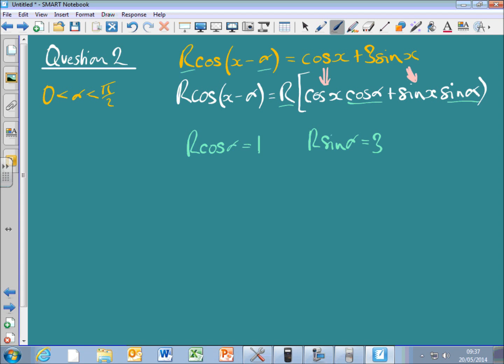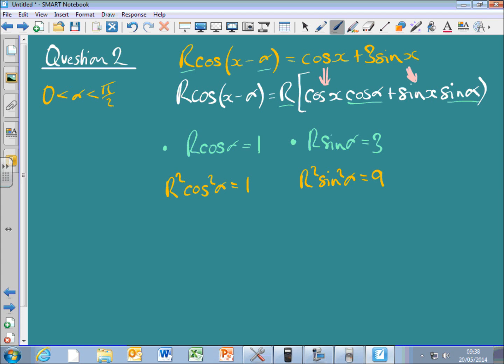Okay, so to find out what r is, what we do is we square both of these expressions, this one, and we add them together. So if I square this one, I'm going to get r squared cos squared alpha is equal to 1. And if I square this one, I'm going to get r squared sine squared alpha is equal to 9.